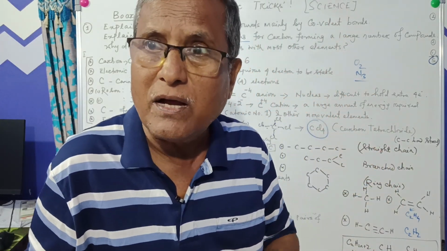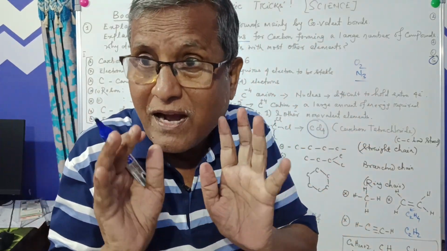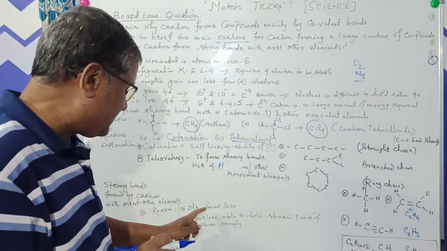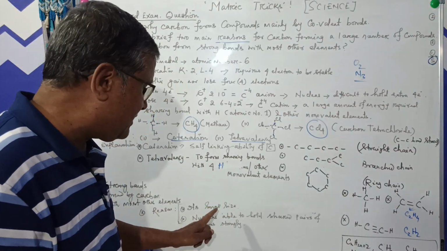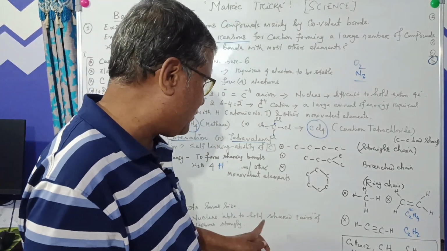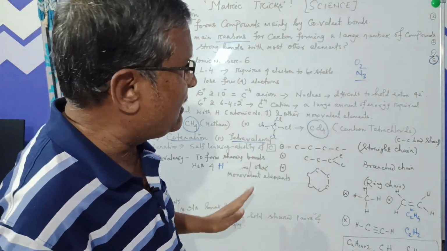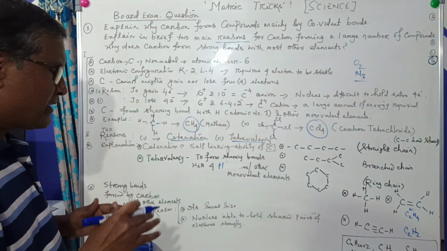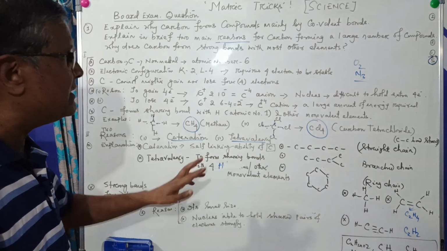Covalent bonds are weaker in the case of large size atoms. But actually the small size of the carbon atom is the reason, and another reason is that due to the small size, the nucleus is capable of holding the shared pairs strongly. Due to these two reasons, carbon forms strong bonds with most other elements.